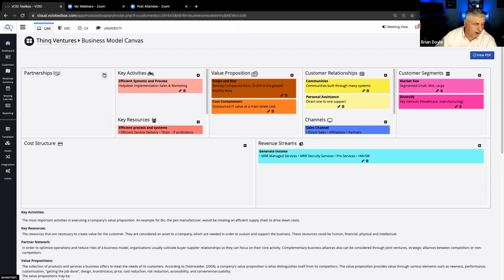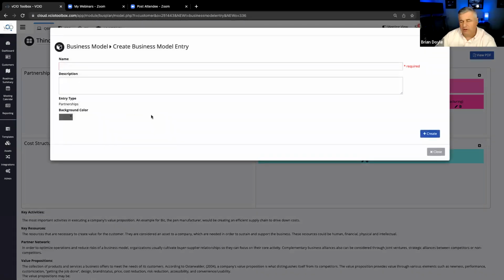Now, over here in key partnerships, this is really looking at anybody that we do business with in order to deliver our services. These could be partnerships like our software partnerships, right? If you're a BCIO Toolbox or a ConnectWise customer, we're part of your partner chain and provide those goods and services to support you.